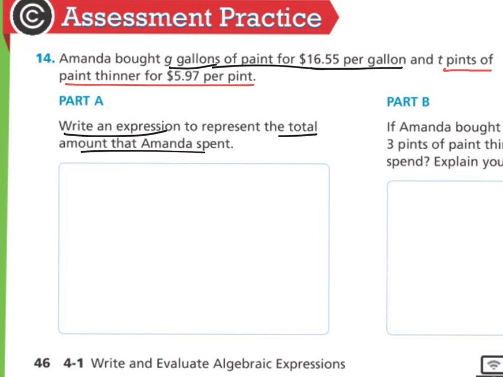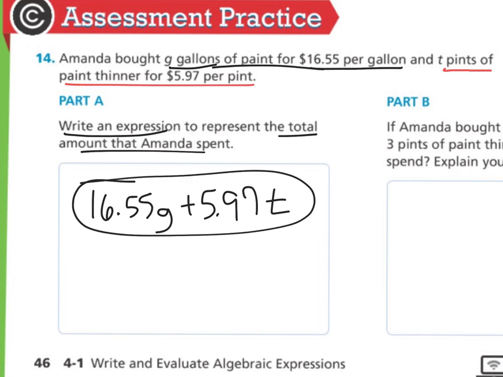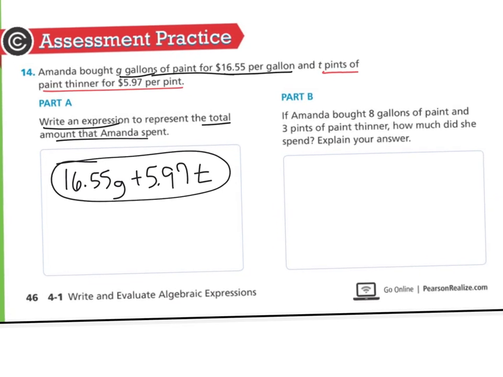So we have our paint plus we have our paint thinner. So the paint, it's going to be $16.55 per gallon times G gallons, however many we bought, plus our paint thinner is $5.97 a pint times however many pints. And again, they told us what variables to use, so just go ahead and use those. So that would be our expression.